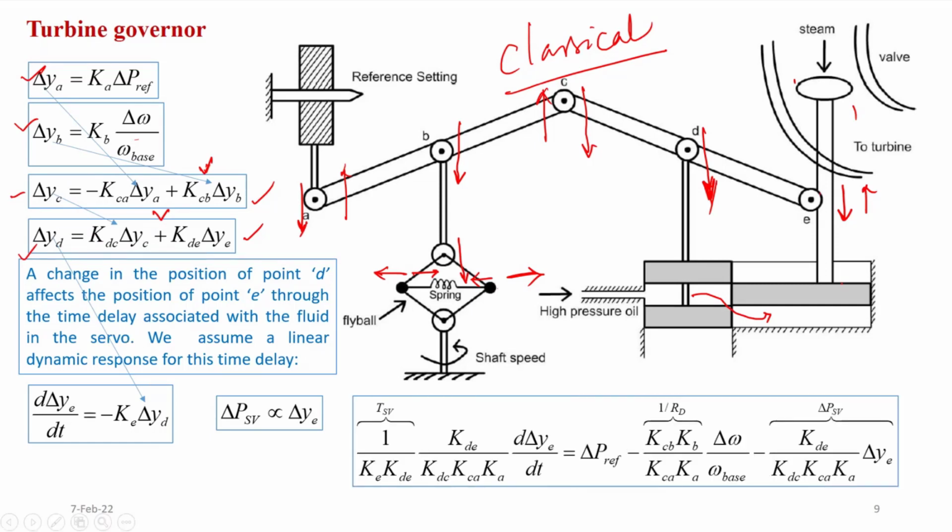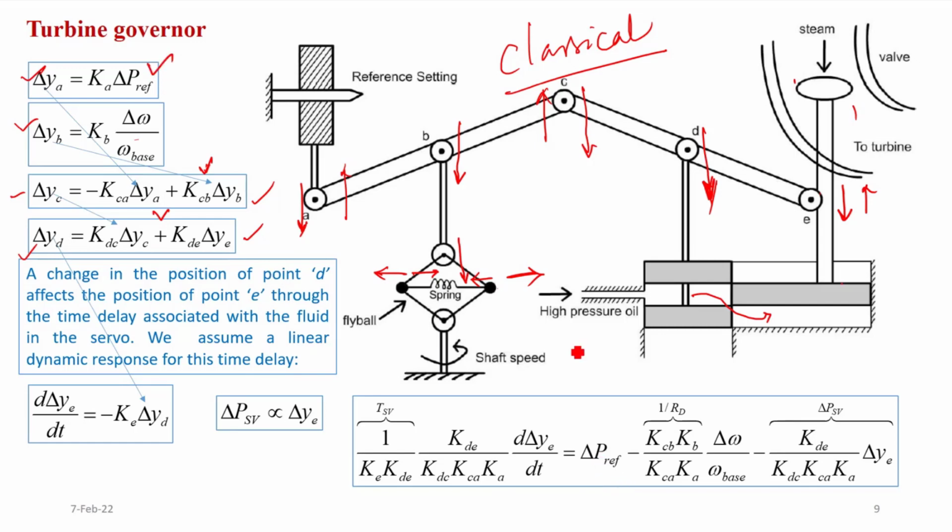Now substituting this, we'll get this equation. Now I can write 1 by K into Kd, and after manipulation I'll get this equation into Kd by Kdc, Kca, K into d/dt of delta Y, that is equal to delta P reference.